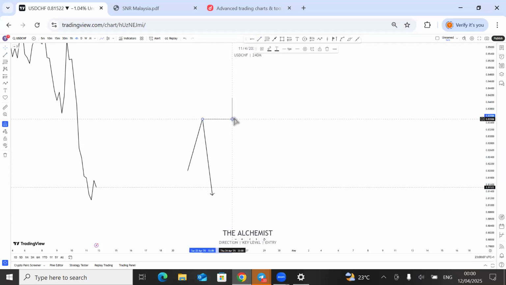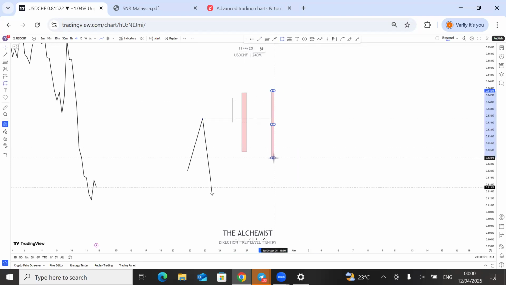It's unfresh the first time. For it to be fresh again, you want to see the body break the level. The body breaks the level, it becomes fresh again, continues moving. What happens? A wick passes again, becomes unfresh, continues moving. The body breaks, makes it fresh again.